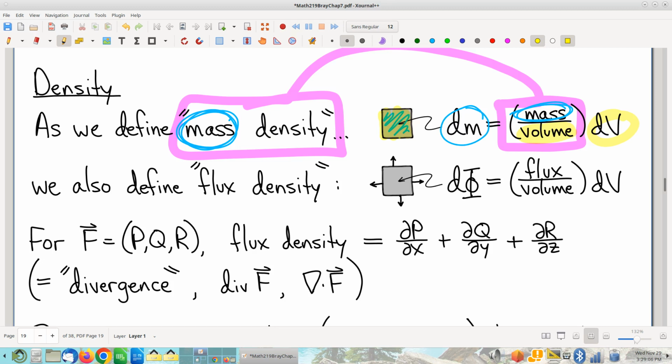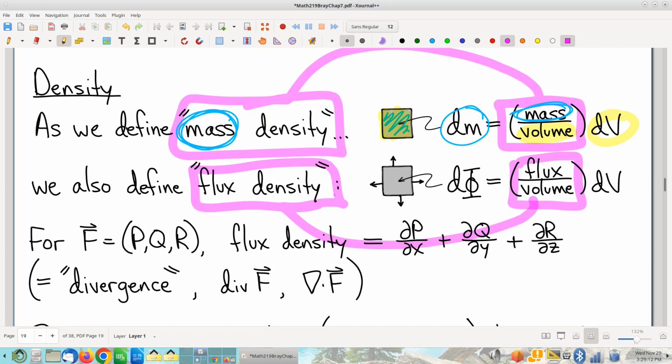Copycatting, as we do, we're going to use the term flux density to talk about what we have when it's not mass but flux for a given region that we're interested in per unit volume. And because the accumulating quantity in question is flux, we call this now flux density.